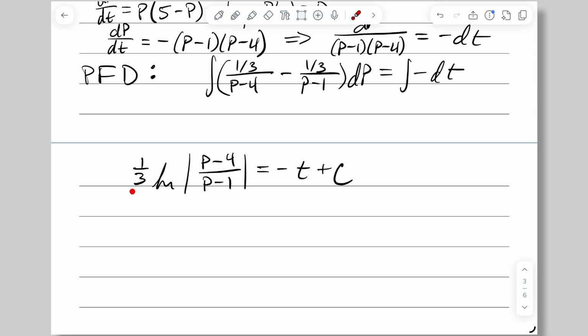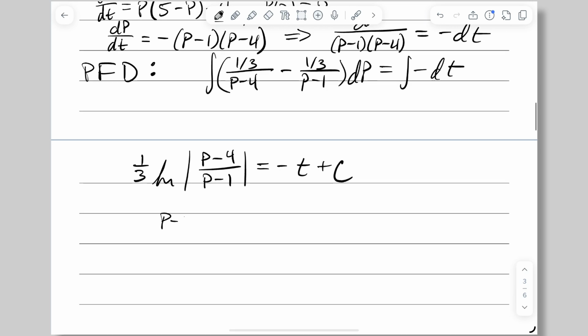Clearing the fraction 1/3, applying the exponential to both sides, and relabeling the constant on the right-hand side is going to give us (P minus 4) over (P minus 1) is equal to c e to the negative 3t, which will necessitate me relabeling the previous c as c1.